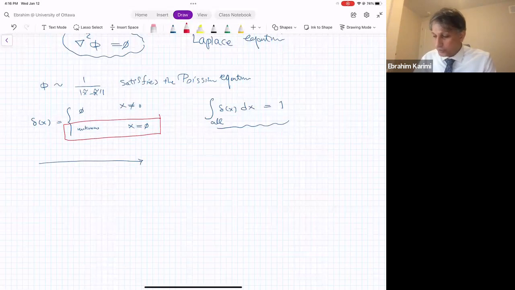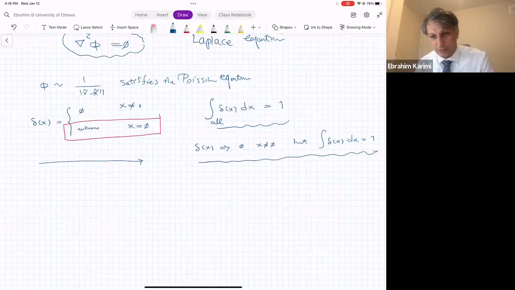But most people, as a definition, say that delta of x has this property: for x not equal to 0 it is 0, but the integral of delta x dx is equal to 1. That's the definition that mathematicians usually write down.